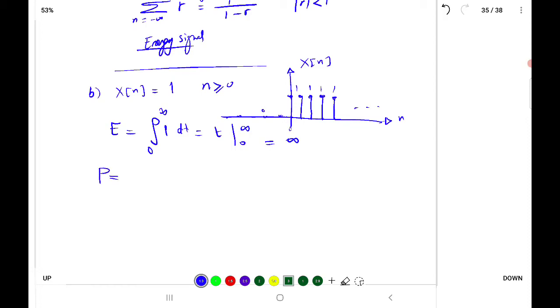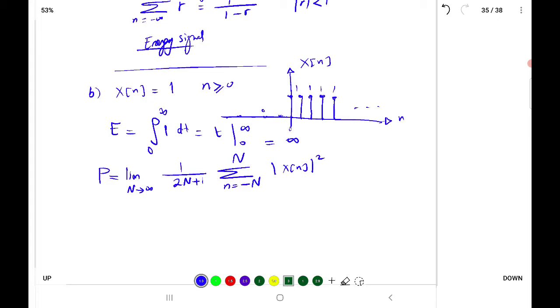The power formula, or the average power, is equal to the limit as n goes to infinity of 1 over 2n plus 1, the summation from minus n to positive n of x[n] squared.